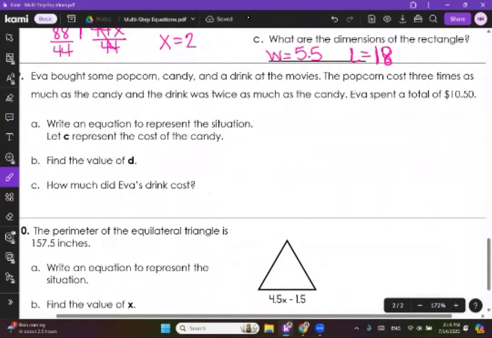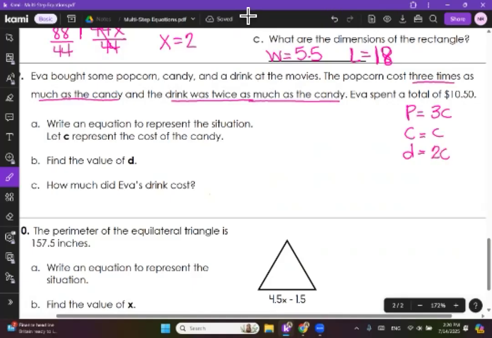We purchased popcorn, candy, and a drink. It says the popcorn costs 3 times as much as the candy. So 3 times the candy. The drink was twice as much as the candy.